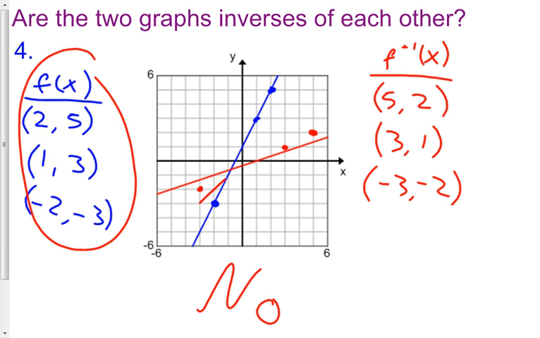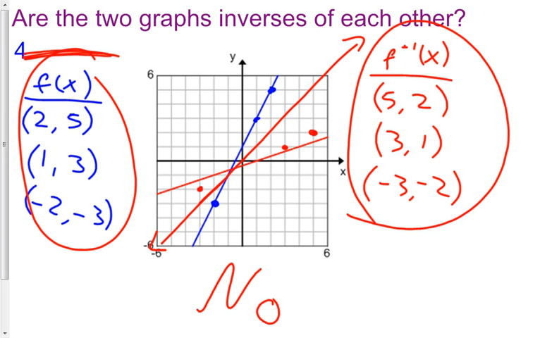But as you can see when we did these ordered pairs, they weren't quite inverses of each other. So you can't always rely on this y equals x rule, because our eyes can sometimes play tricks on us. So make sure that you go through this work of getting f of x and the inverse function of x, switching around their ordered pairs and plotting them on the graph.